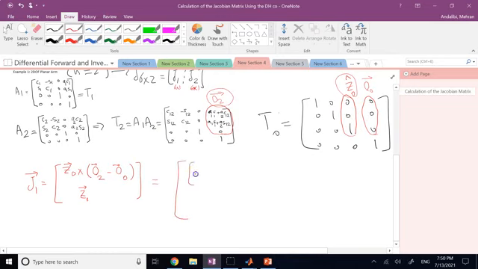So it is going to be this vector cross that vector, and this is just 0, 0, 1.